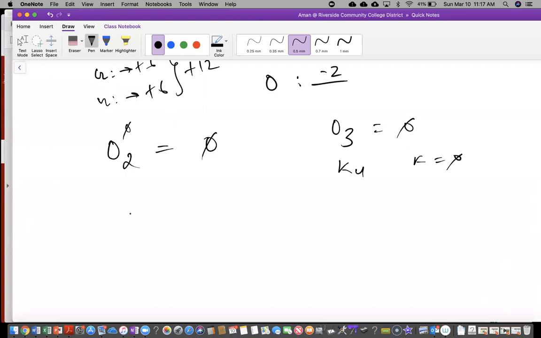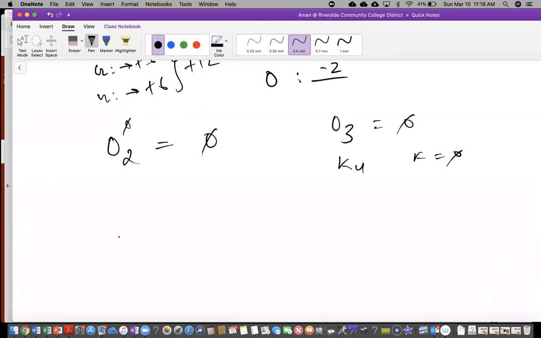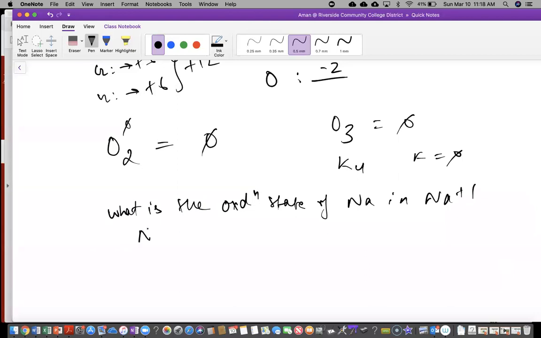Let me quickly finish this off. If the question says, what is the oxidation state of sodium in Na plus 1, what is the answer for sodium? Plus 1.